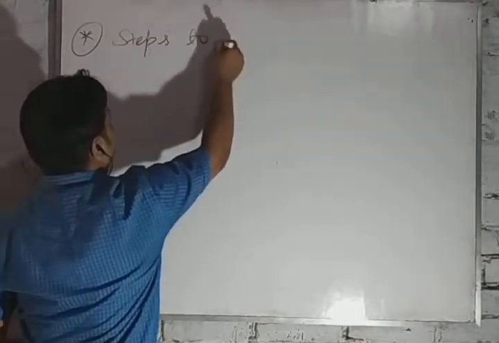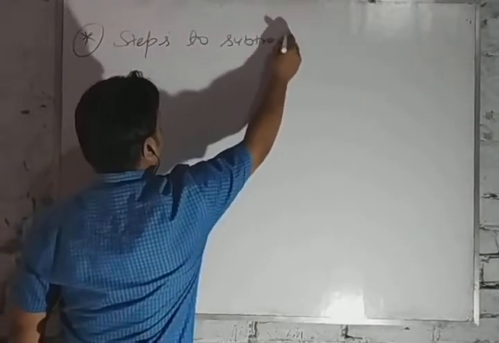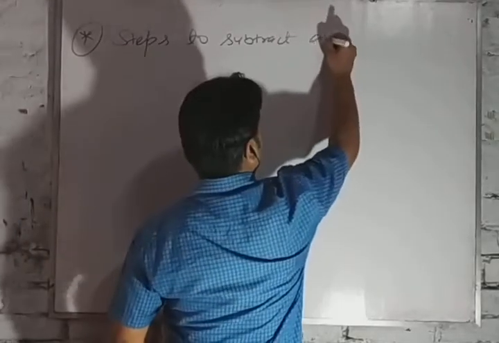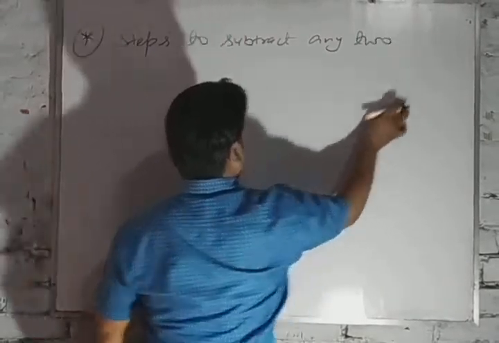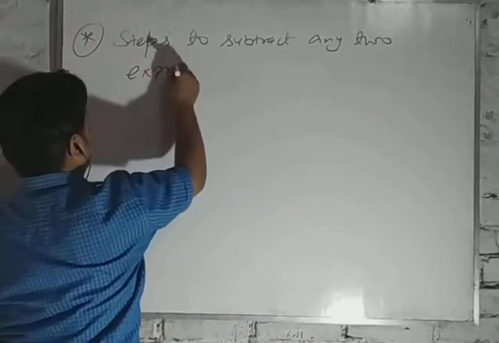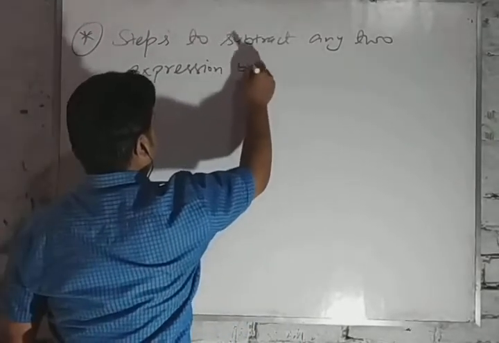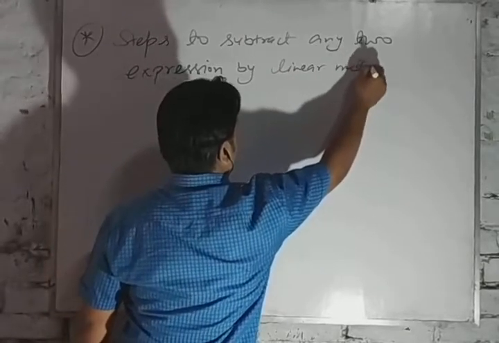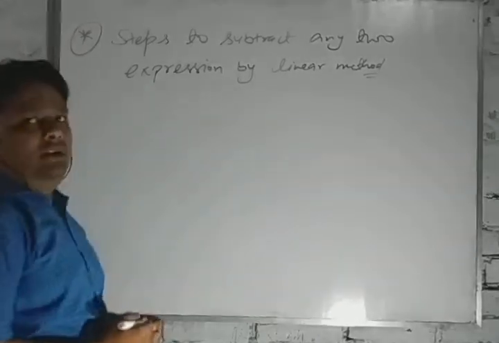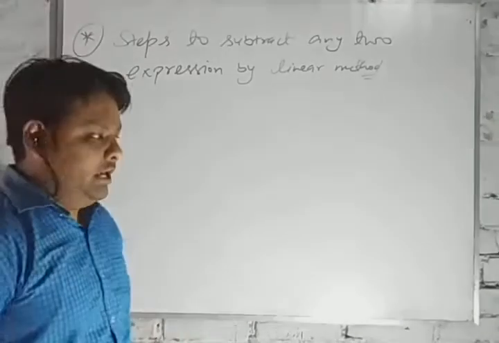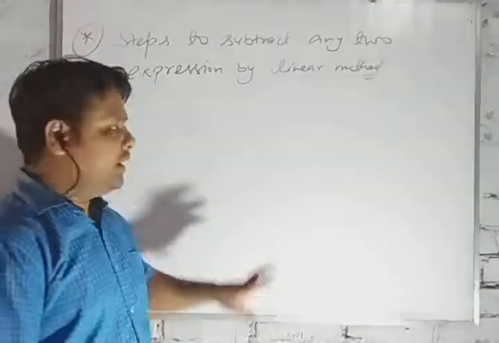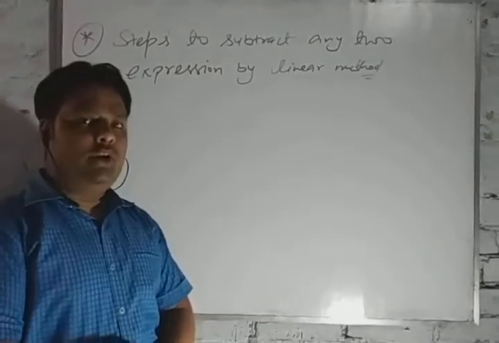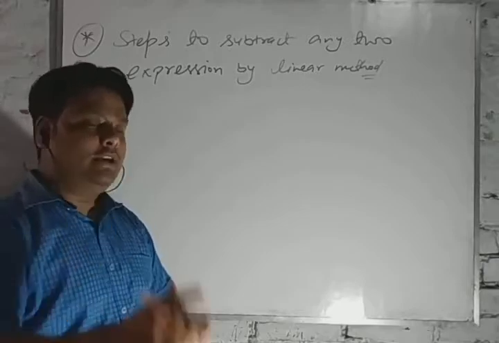Steps to subtract any two expressions by the linear method. Now, at first everyone will listen carefully. You can subtract any two expressions, only two expressions, by the column method.